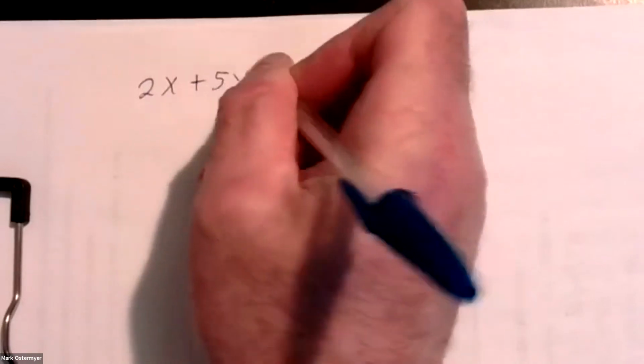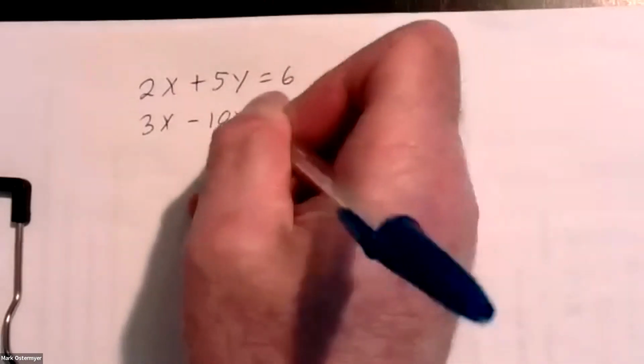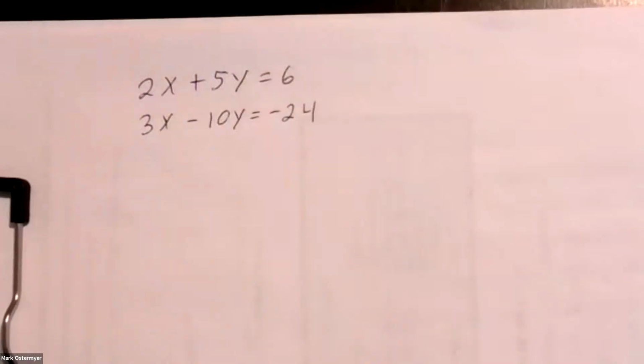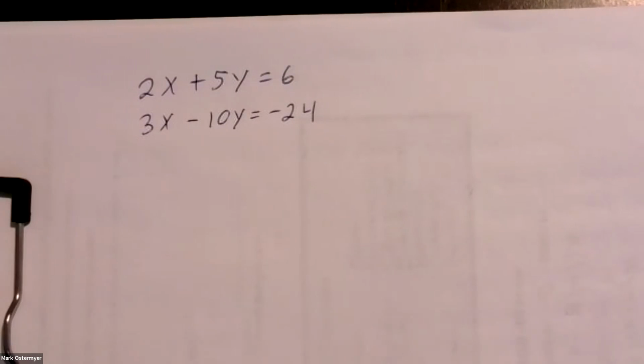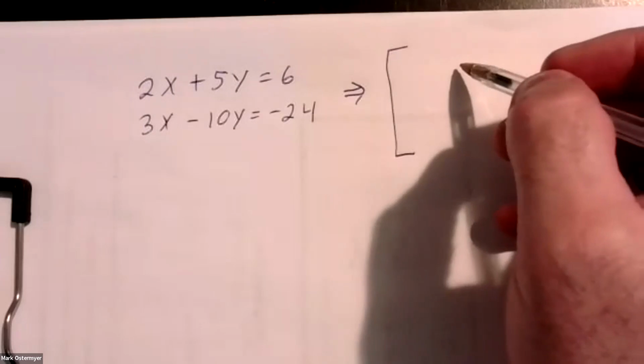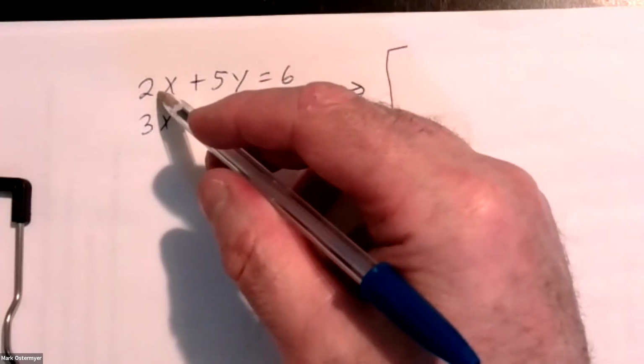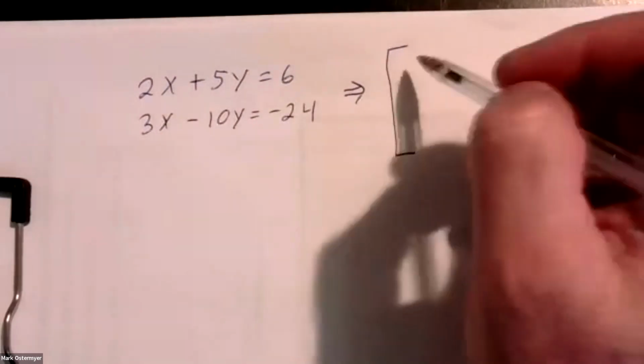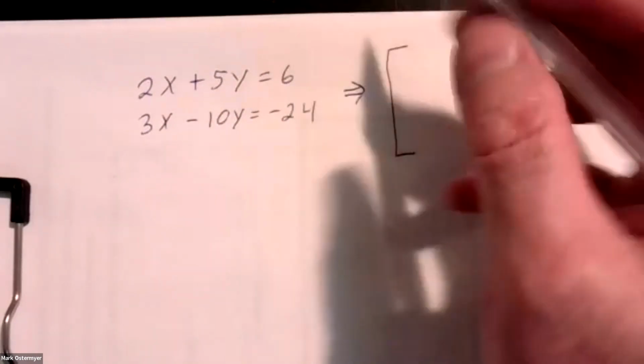All right, so suppose that I have this system of two linear equations and two unknowns. How could I represent this system of two linear equations and two unknowns using a matrix? Well, it's pretty simple to do. The first equation goes into the matrix by just indicating the coefficients and the right-hand side constant.